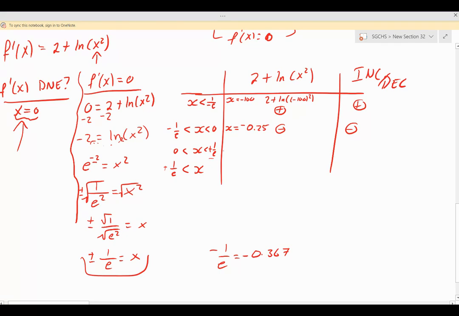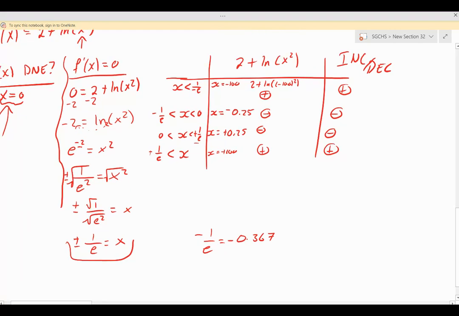Now I could plug in positive 0.25 and just recognize this is going to be the same value. So we're going to end up getting the same negative value here, so we're also still decreasing. Now finally, choosing some number that is bigger than 1 over e, this time we could just do something like positive 100 and you'll get a positive value.